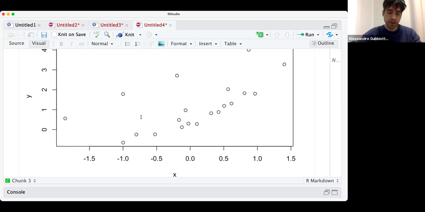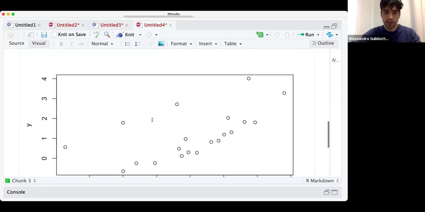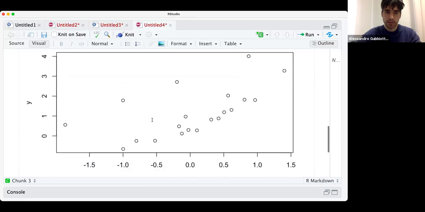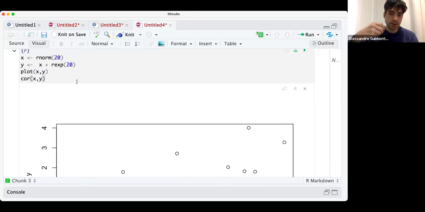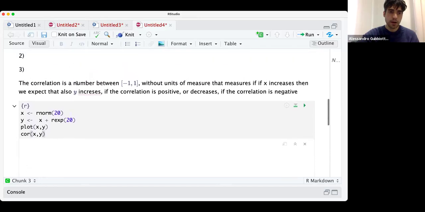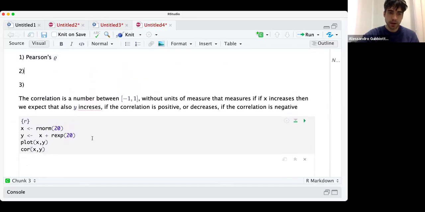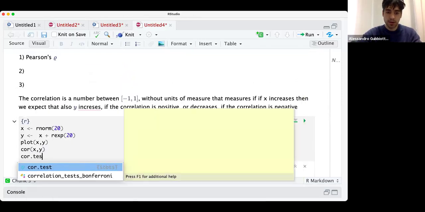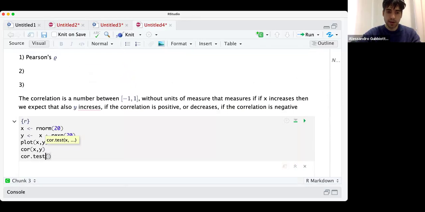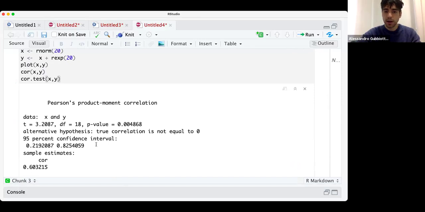In real life, you see only the data, and you can compute this correlation, but it is an estimation of the real correlation. So we also have a test to say whether or not the real correlation is different from 0.